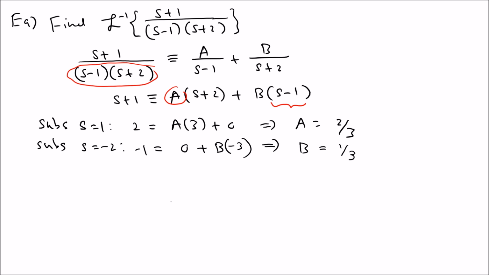So that means you know the expression now. Your answer is simply A is 2/3, so 2/3 over (s minus 1), plus B is 1/3, 1/3 over (s plus 2). Good.